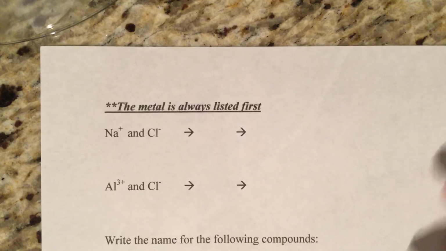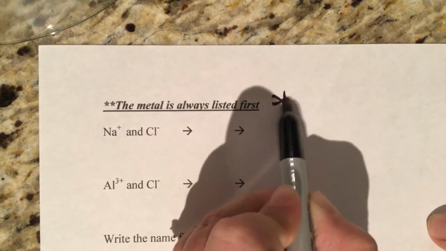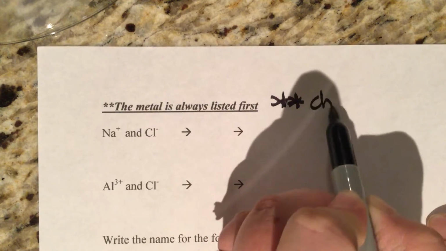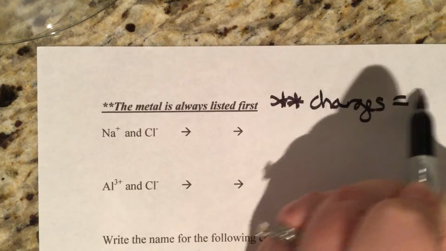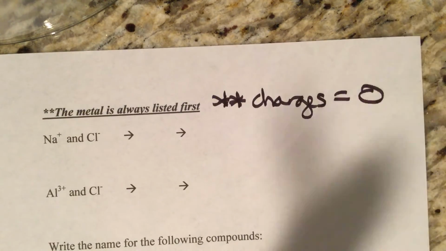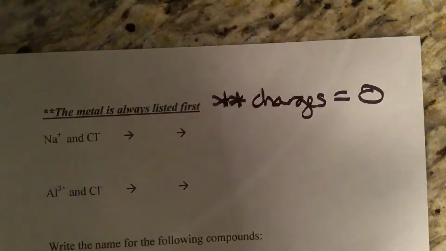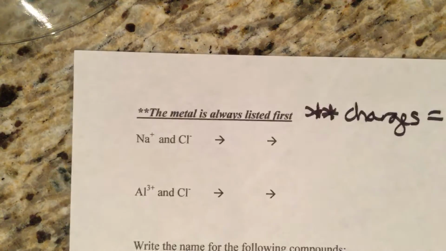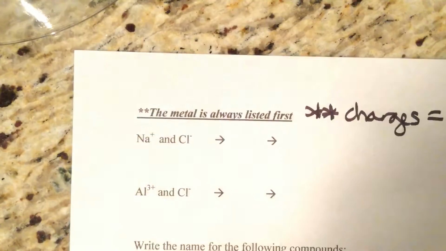Another big thing: the metal is always listed first, and then the next thing is that your charges have to equal 0. So 2 big things: metals first, charges 0. So here's what we got. We've got sodium and we've got chlorine.